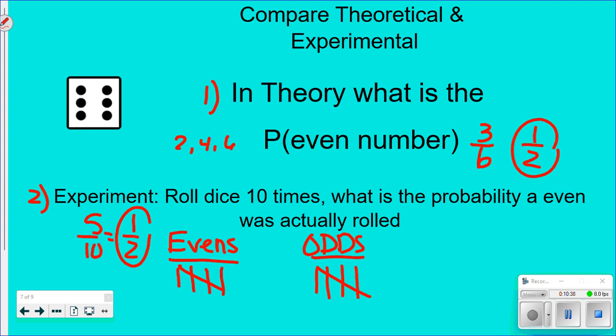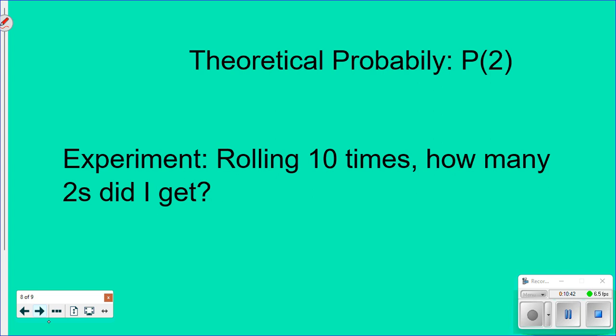So in this case, it turned out to be the same, but it's not always going to be like that. So let's do another experiment here. So this says, in theory, I want to know my probability of getting a 2. So in theory, first of all, my probability of getting a 2 would be 1 out of 6 again, because I know that there's 1, 2 on here.